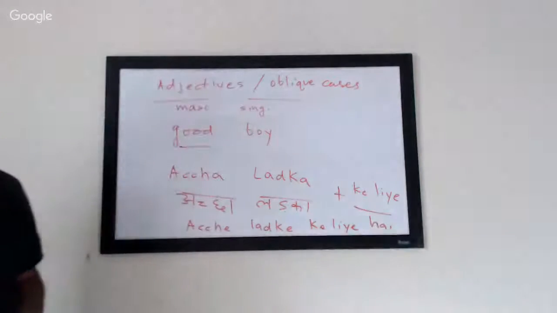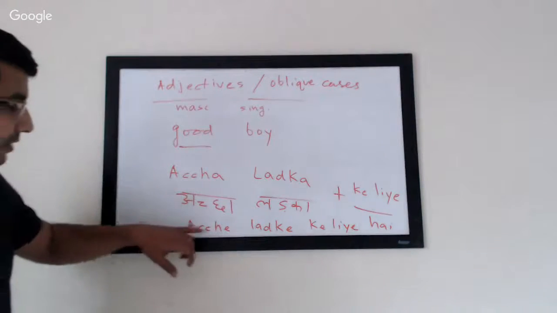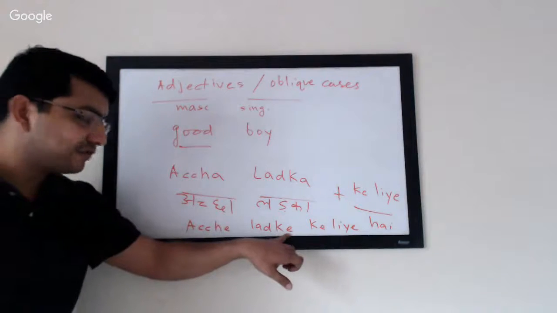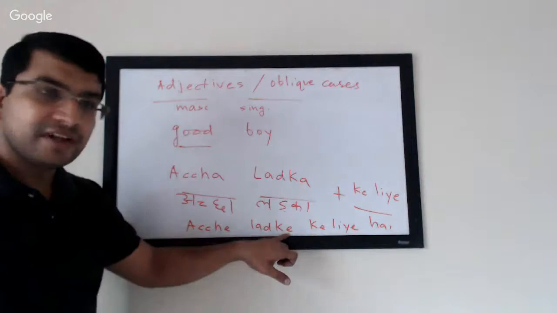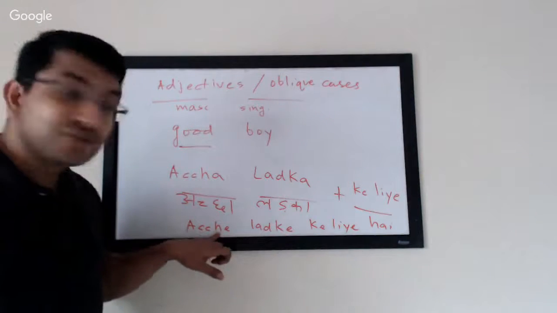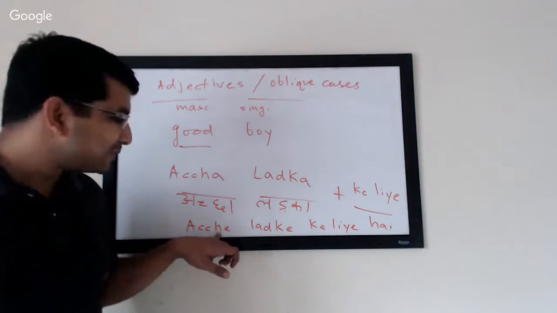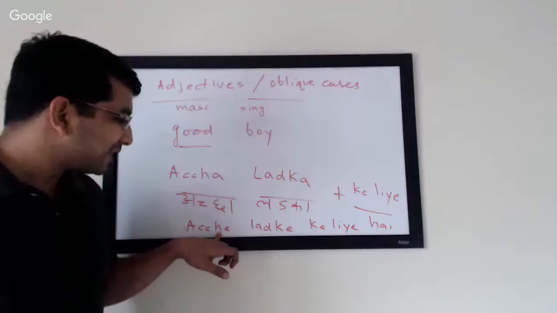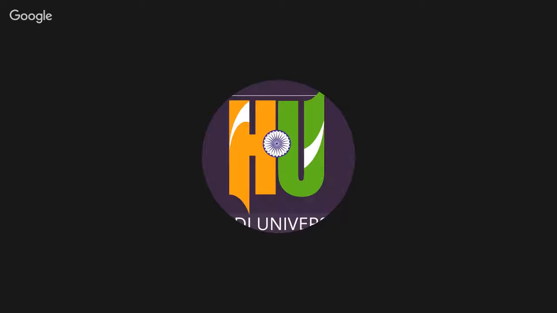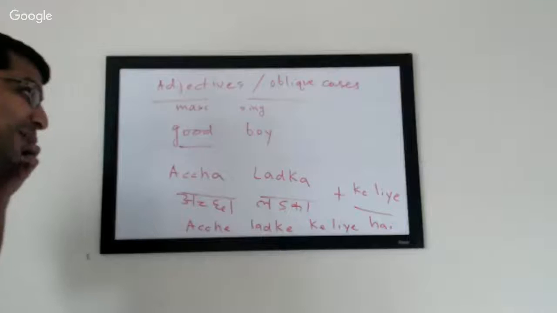Not only did we do the oblique case of ladka, which is ladke, we did the oblique case of acha also, which becomes अच्छे. We'll do it again and again, so it'll be clear.